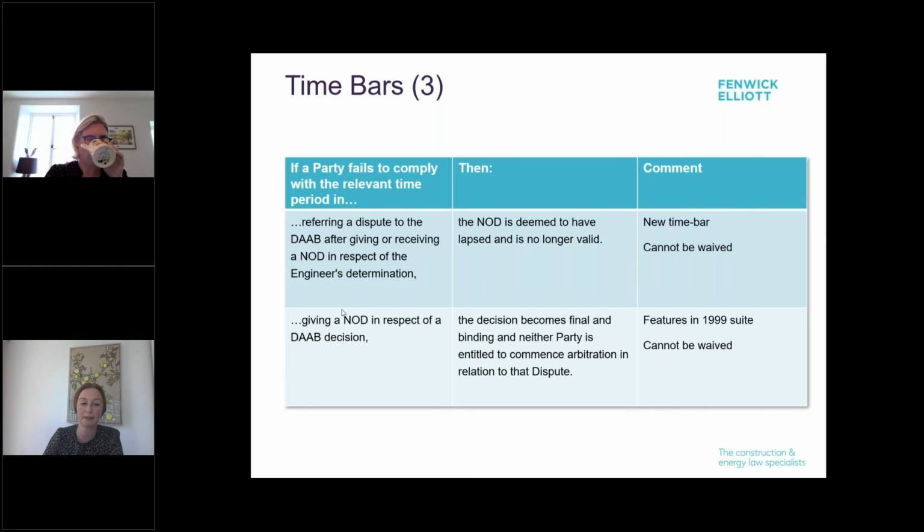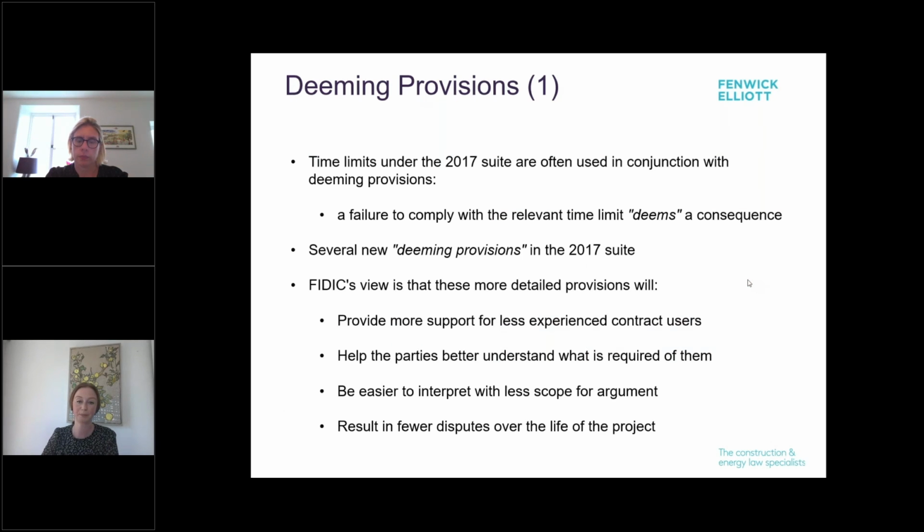And with the final category, giving a notice of dissatisfaction in respect of a DAB decision, so this is a much later stage of the process, the notice of dissatisfaction should be given within 28 days. Otherwise, the decision becomes final and binding and neither party can bring the dispute to arbitration then. And the last two cannot be waived.